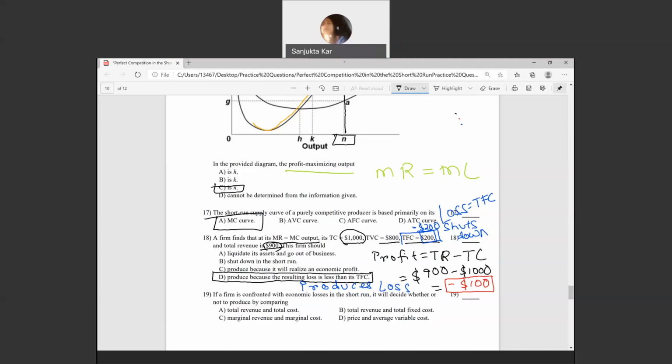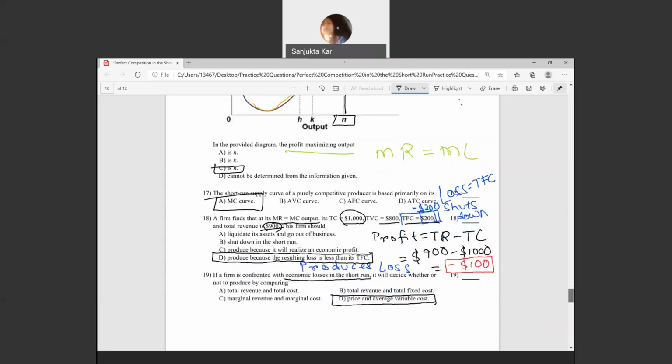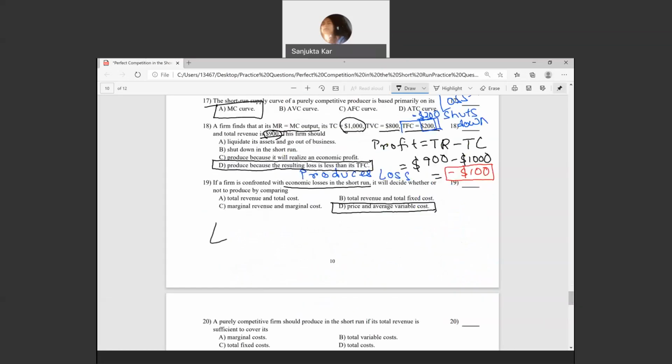Alrighty, question 19. A farm is confronted with economic losses in the short run. It will decide whether or not to produce by comparing price and average variable cost. Loss means price is less than average total cost. The farm will continue to produce if the price is greater than minimum average variable cost.